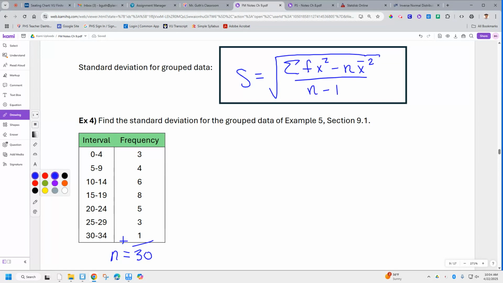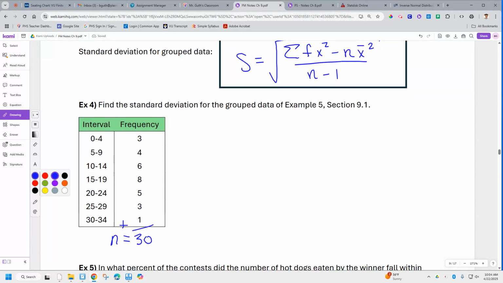When you look at the formula, we're going to have to find sigma fx squared. So we're going to have to add up f times x squared. Well, what's x? X is the midpoint. You look at this interval and say the midpoint of that is 2.